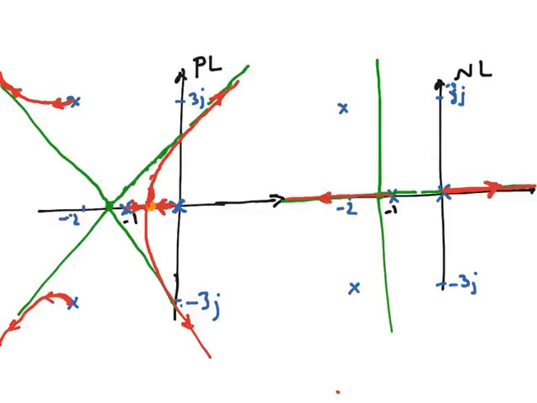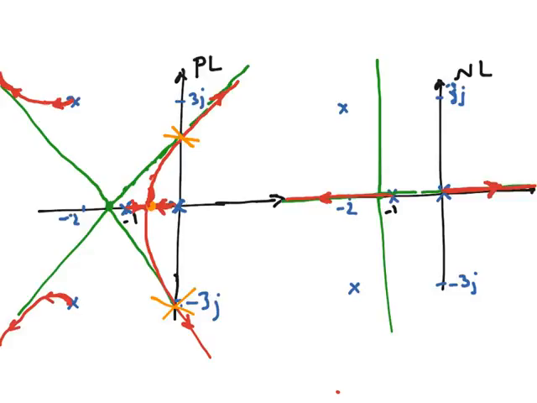Again, I just mentioned that these points here are important because those points show us the values of Kp from which afterwards our system will become unstable. Okay, we will check it later in a few minutes.